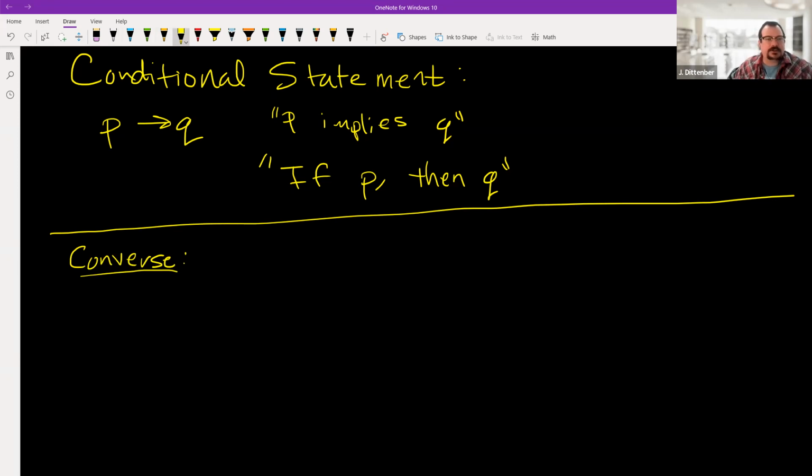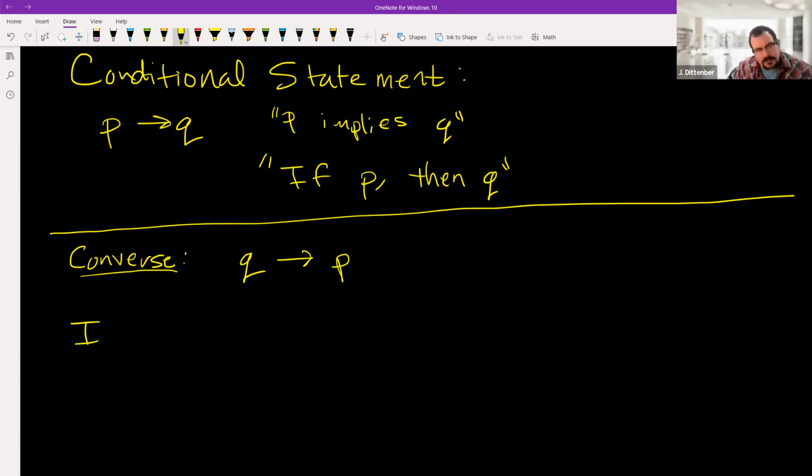It can be subtle because it's not logically equivalent to the conditional statement P then Q, although oftentimes it's mistaken that way. So the converse is to rearrange the order to have Q then P. Okay, so this is our converse.